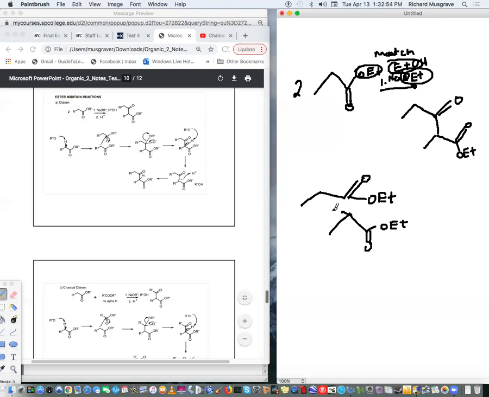So what happens is these are your alpha hydrogens. I'll just put that off to the side here. And what happens is these two join together between the C double bond O and the alpha carbon of the other one, and we end up getting EtOH as something that gets removed. And this bond here is the new bond.